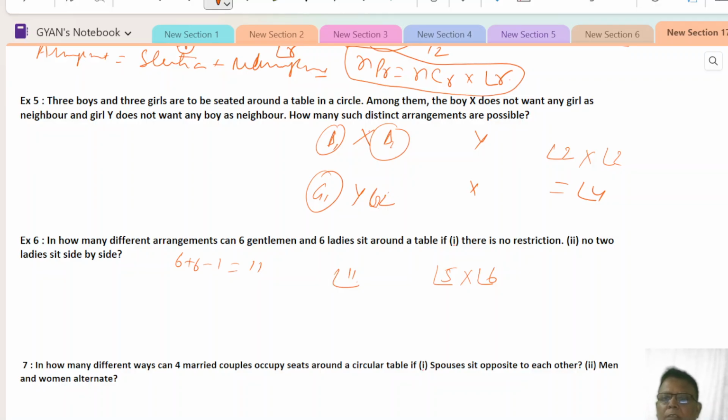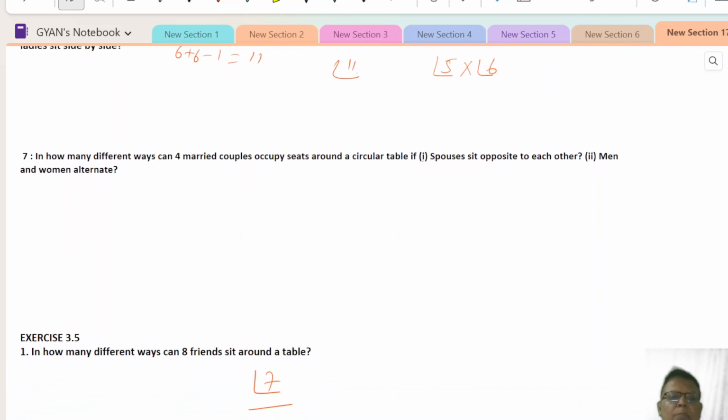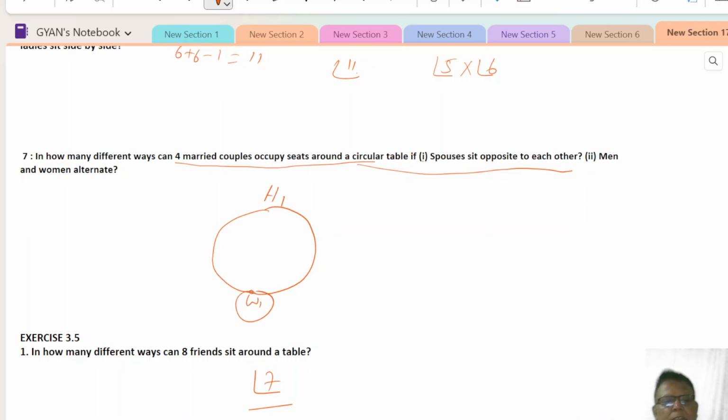Now come to question number 7. Question number 7 is very interesting. Four married couples sit round a table and spouses sit opposite to each other. Suppose one husband is fixed here, so the wife will be already fixed. So any husband-wife combination means H1W1, H2W2, H3W3, H4W4.